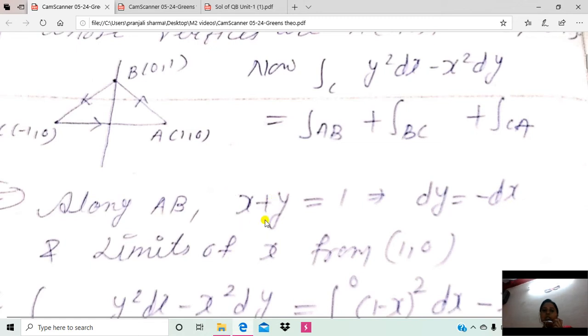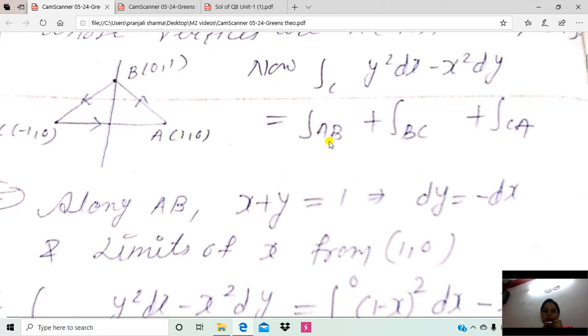So in place of y we have to put 1 minus x, and in place of dy it will be minus dx. So the integration will now be with respect to x only, since in place of dy we put minus dx. So we will see the limits of x. A is the starting point and B is the ending point, therefore the limits of x will be from 1 to 0.